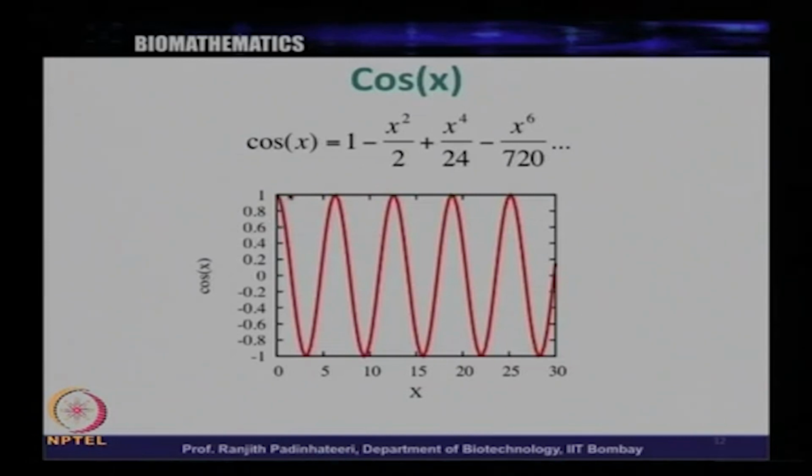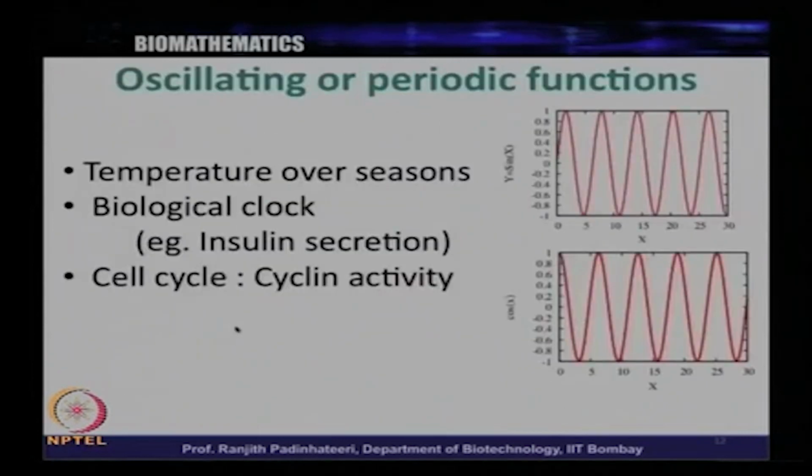Both cos of x and sin of x oscillate between plus 1 and minus 1. So, you can see that these are oscillating functions, periodic functions. As we said, you can think of many periodic phenomena, oscillating phenomena in nature, in day to day life or in biology, and one could write any such phenomena as a combination of sin x and cos x.